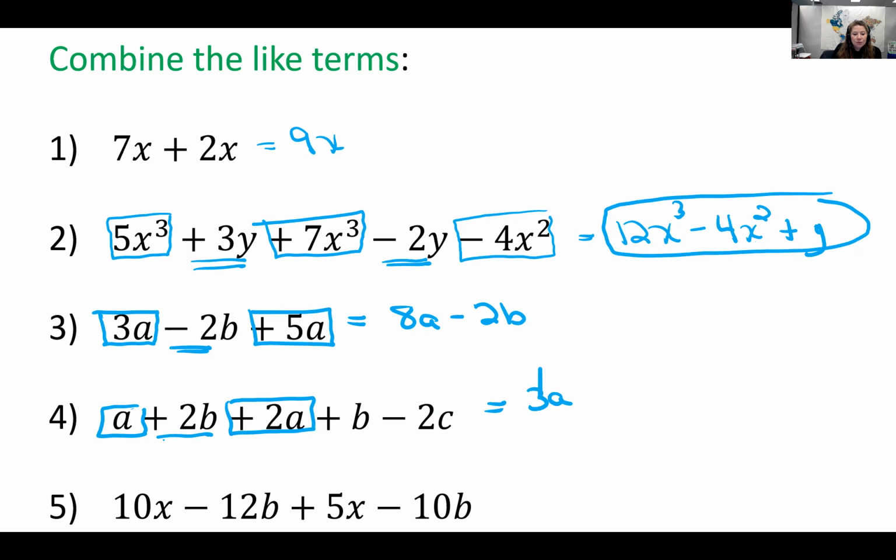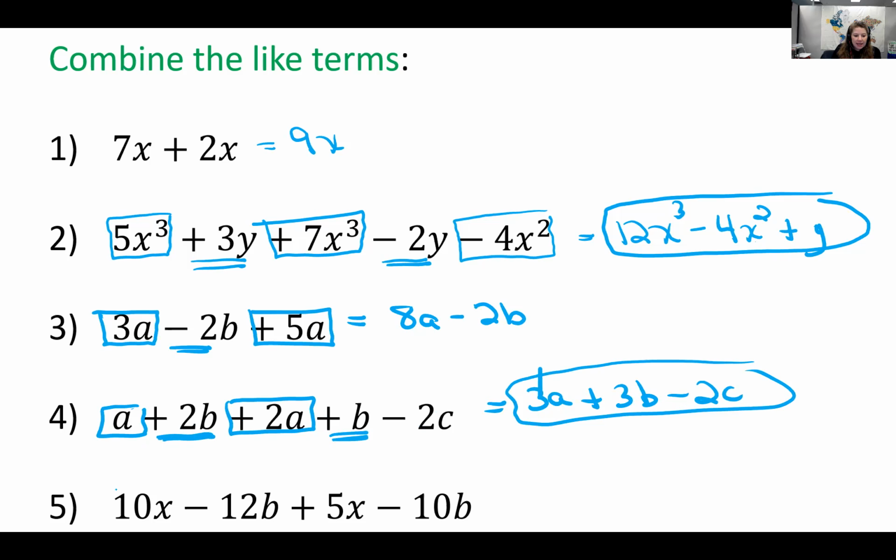And then I have 2 balloons plus 1 balloon is 3 balloons. And then I have minus 2c by itself, and it must be part of my answer. So 3a plus 3b minus 2c is my final answer.